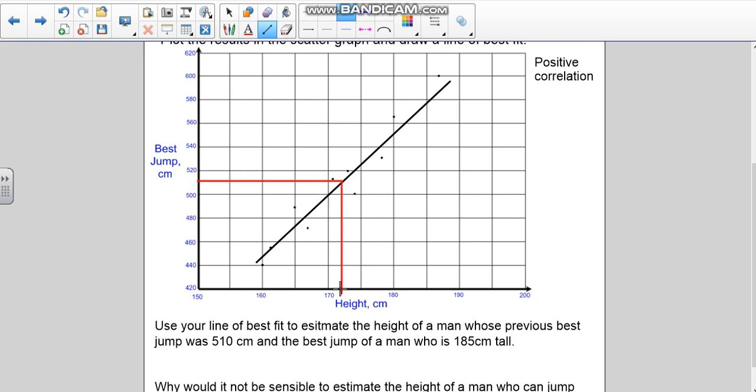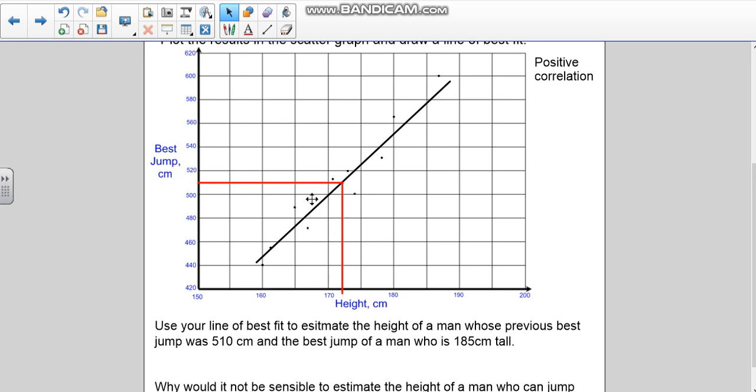So when we're estimating, you must draw these lines in. I might even just adjust that down a little bit because it doesn't look like it's halfway. There we go, that's slightly better. Okay, and then that goes there.